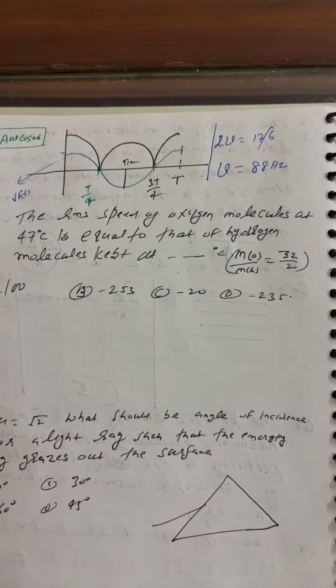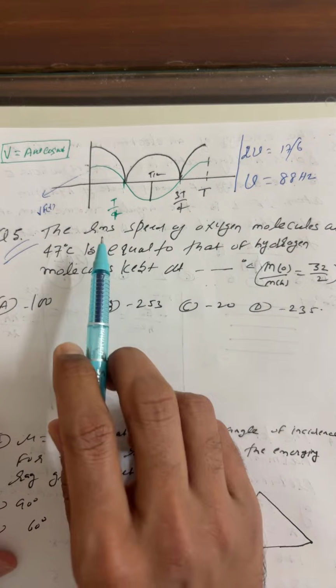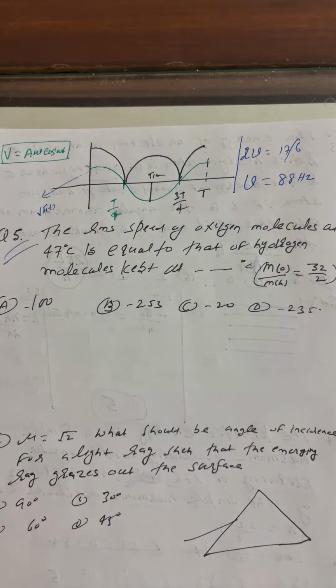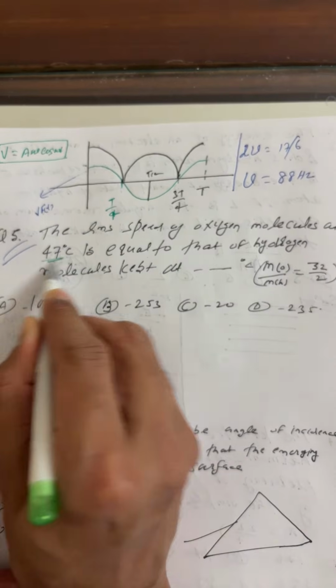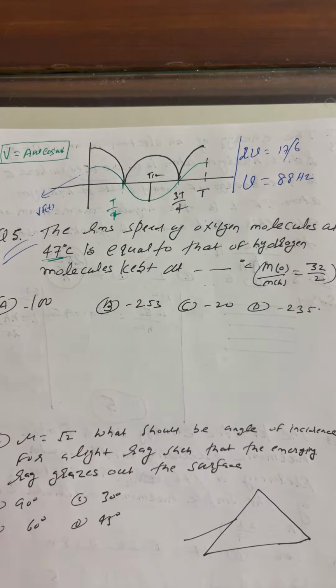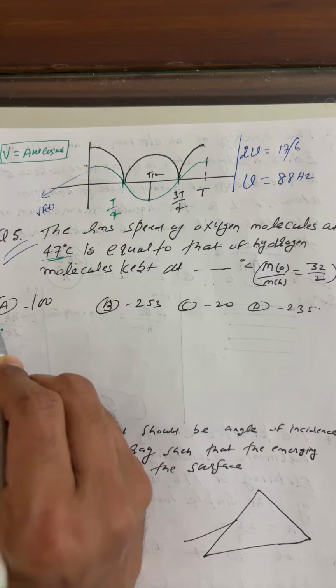This is question number 5. What does the question say? The RMS speed of oxygen molecules at 47 degrees Celsius is equal to that of hydrogen. It's very simple, you know. I repeated this multiple times during the classroom program.